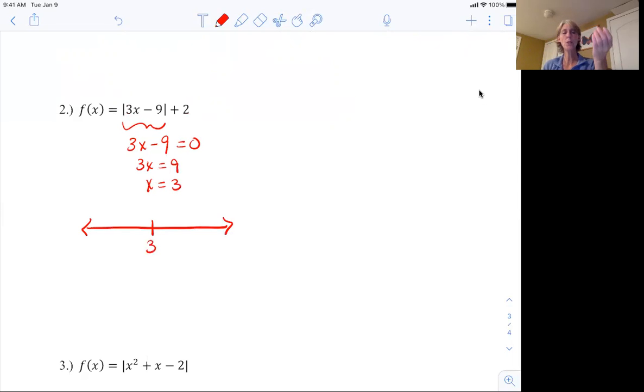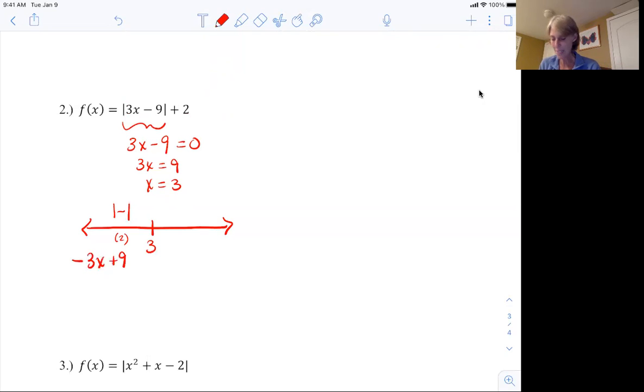Now I plug in a number that's less than 3 and see what type of number we have inside our absolute value sign. Let's say I use 2. 6 minus 9 would be a negative number. To rewrite this without signs, when I go from one side of the number line to the other, I'm going to negate what's inside.